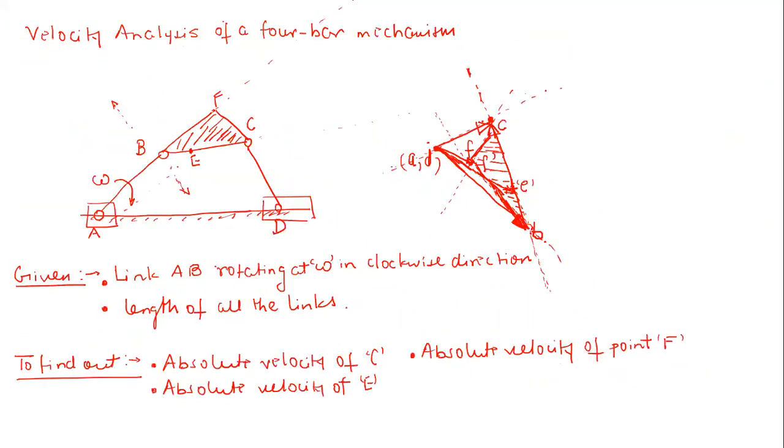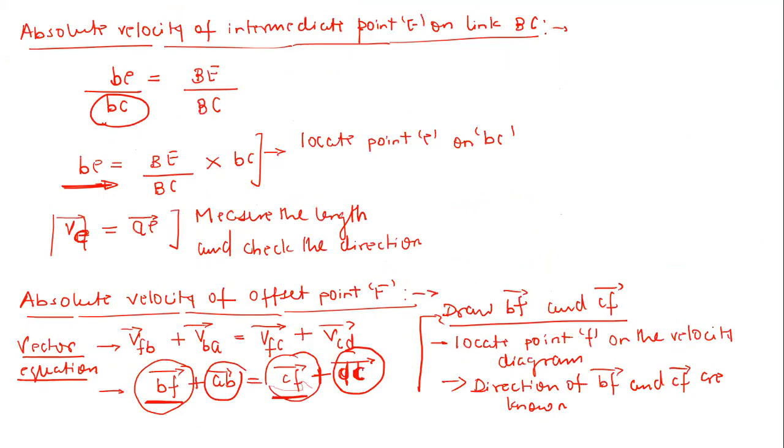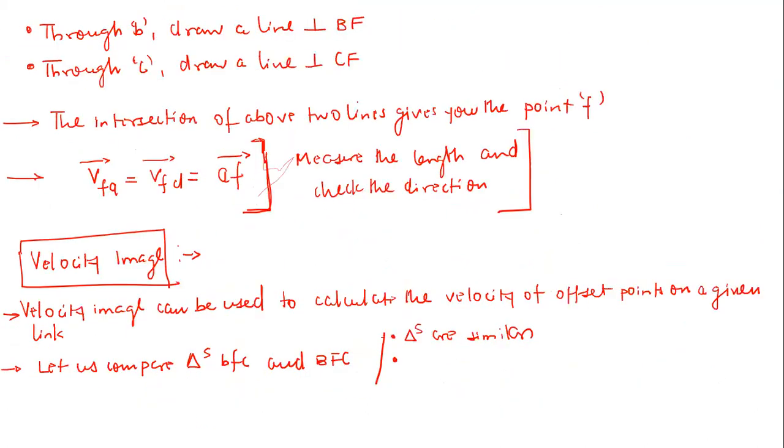If you observe carefully, this triangle BFC is similar to this triangle small bfc. The only thing is the lengths of the sides are different. But by the angular argument, you can very easily say that these two triangles are similar. These angles will be equal to the angles which are given here. So first, these triangles are similar.